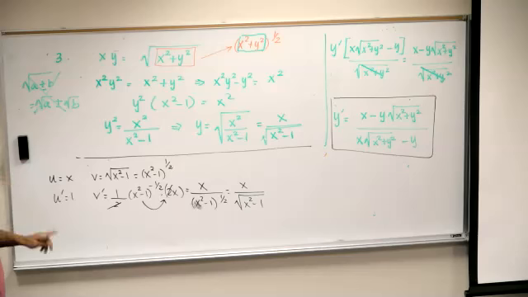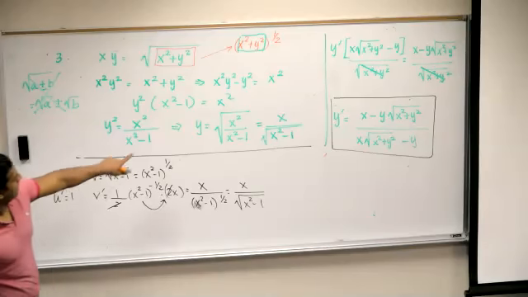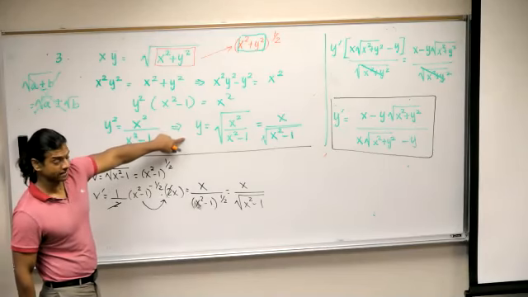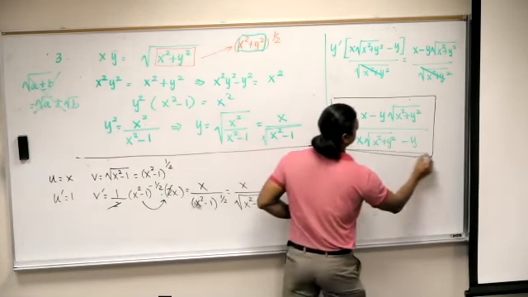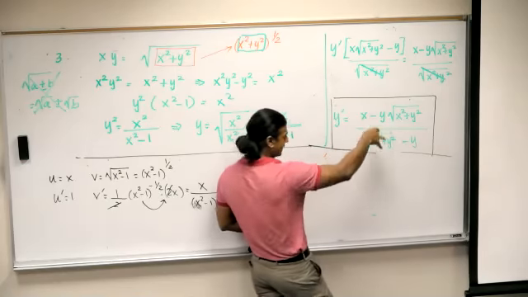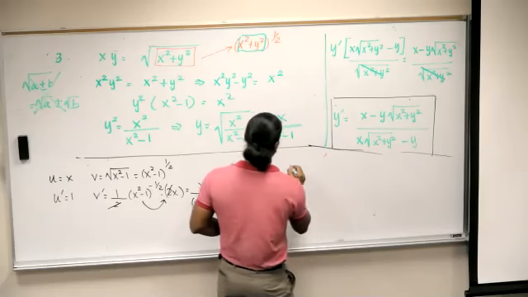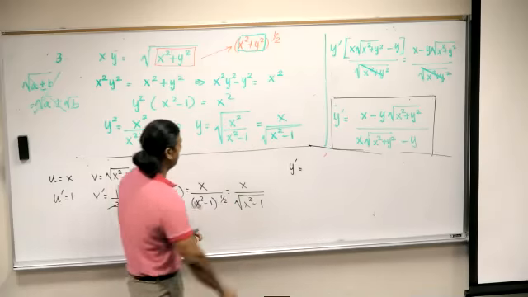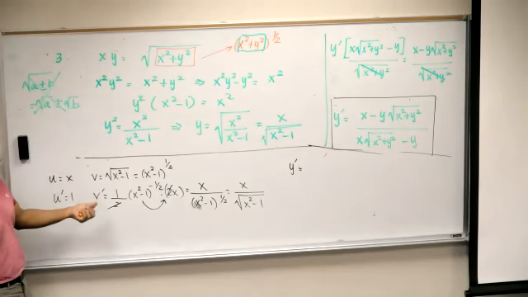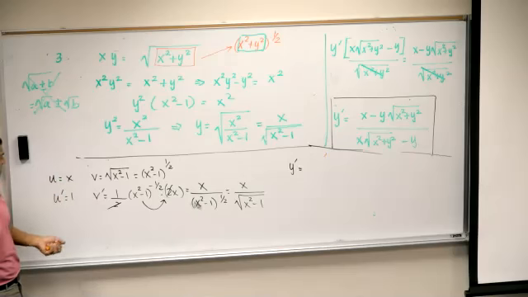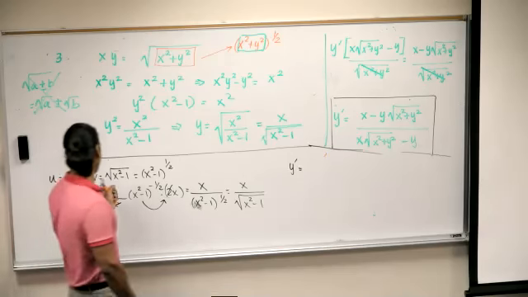Good. u, v, u prime, v prime. I'm trying to find the derivative here, so don't erase this. y prime will now be v u prime minus u v prime, divided by v squared, the quotient rule.